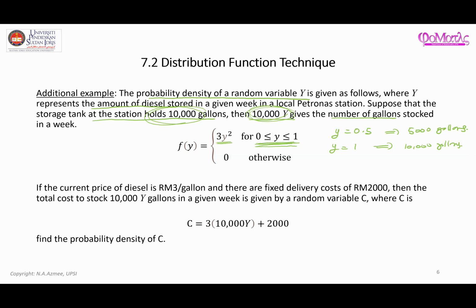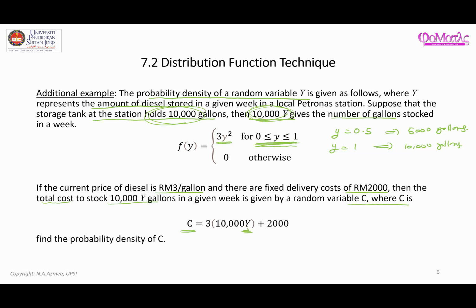Now, if the current price of diesel is 3 ringgit per gallon and there are fixed delivery costs of 2,000 ringgit, then the total cost to stock 10,000y gallons in a given week is given by this random variable C. Why is it a random variable? Because it depends on a random variable. Y here can take any value between 0 and 1.